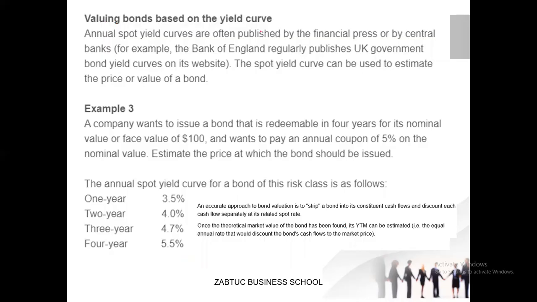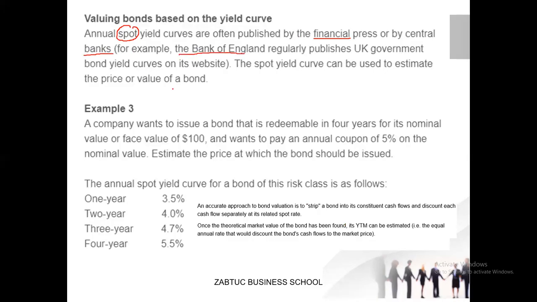Valuing bonds on the yield curve. Annual spot yield curves. Now I'm sure you have an idea of what a spot rate is. Annual spot yield curves are often published by the financial press or by central banks, such as the Bank of England.